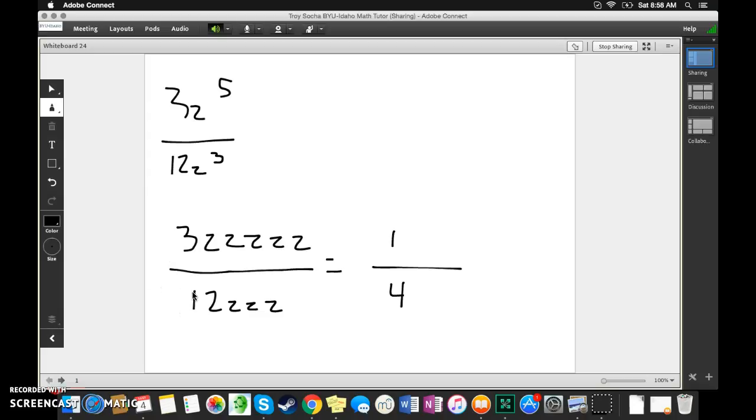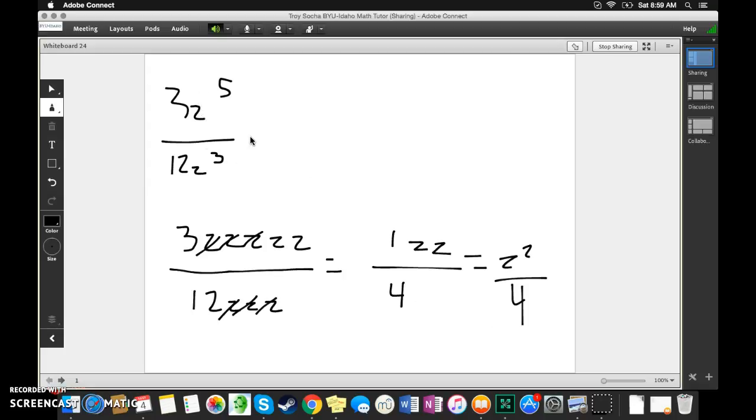So we've reduced that part of the fraction. Now we've got 5 z's on top, 3 z's on bottom. So we're going to go 1, 2, 3, 1, 2, 3. We're left with 2 z's on top. So our final fraction is z squared over 4.